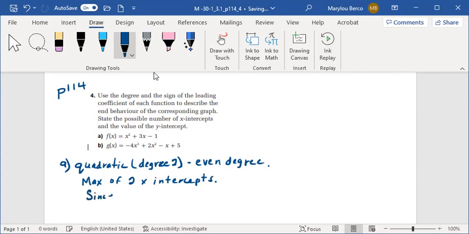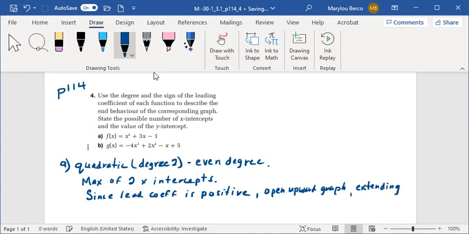Since the leading coefficient is positive, the graph of the function opens upward, extending up into quadrant 2 and up into quadrant 1.